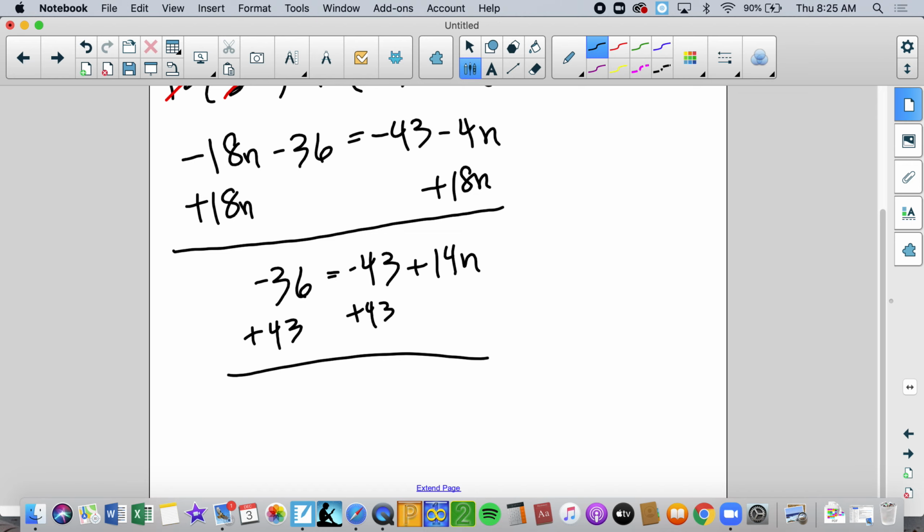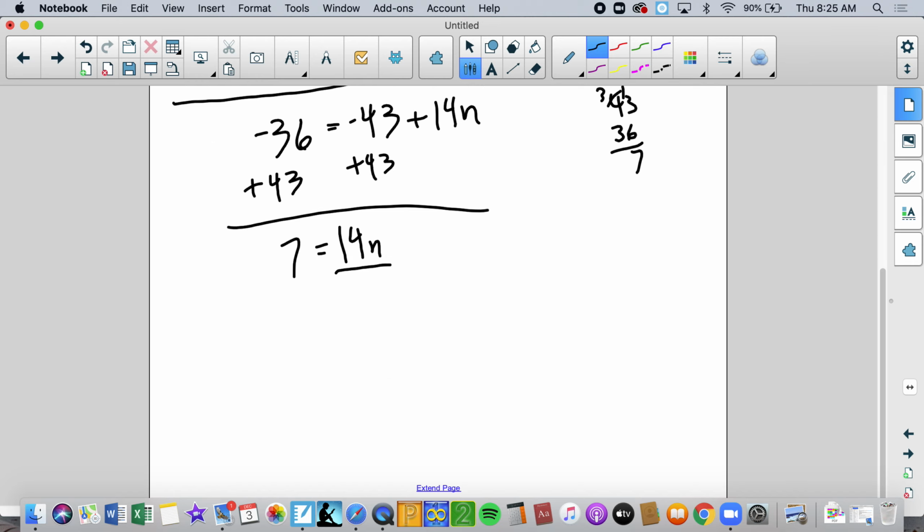We take 36 from 43. That's 7 again. So 7 equals 14n. Let's divide by 14. We get 7/14 equals n, or 1/2 equals n.